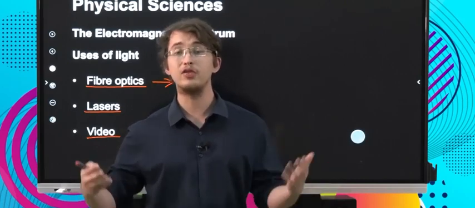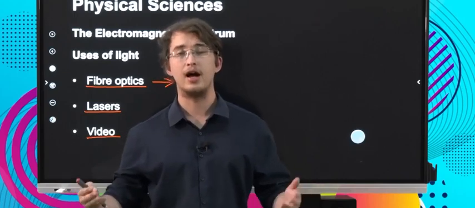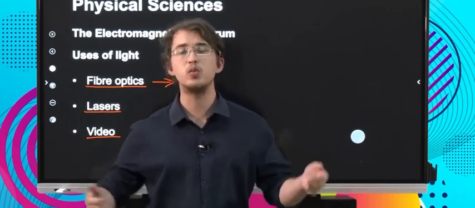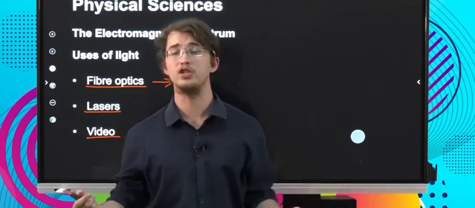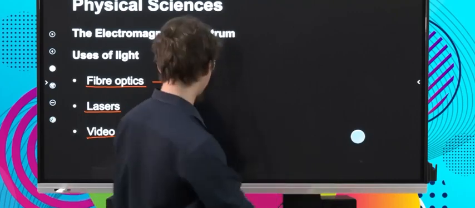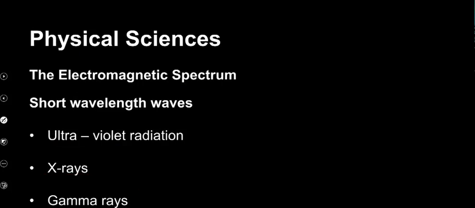But now, what about those shorter wavelength electromagnetic waves? Those ones that we've been describing as perhaps a bit more dangerous, with a bit more energy. Let's have a look. Our short wavelength electromagnetic waves are fit into three broad categories. The first category is ultraviolet radiation.